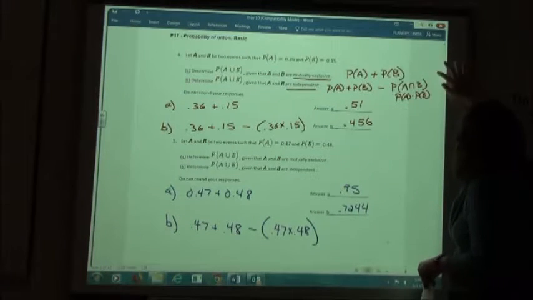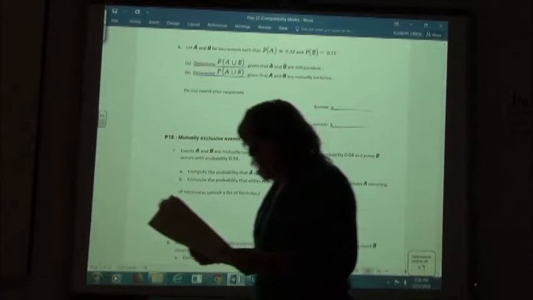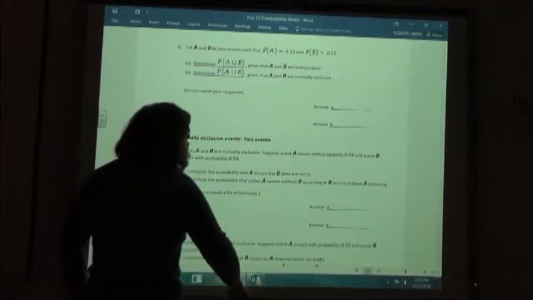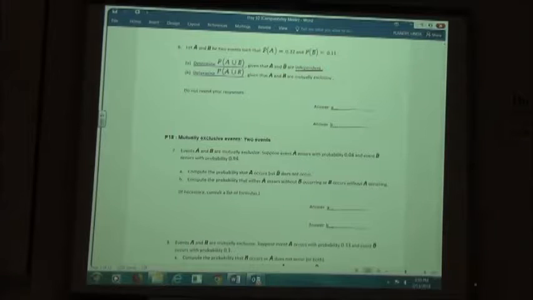All right. Number 6 then, same kind of thing, but be careful. You notice on this one, they ask for the independent one first. They switched them around on you. So if I'm going to find the probability of A or B and they're independent, meaning they have something in common, how am I going to do that?